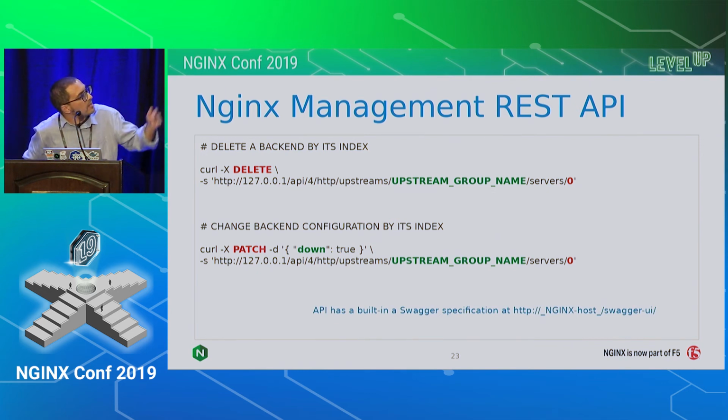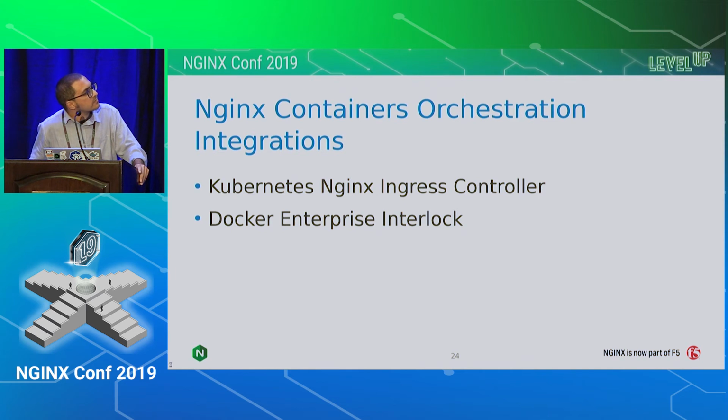So we can delete this backend node, or we can change it. For example, in this case, if we want to easily put one of our nodes in down mode, we set it to down. In this case, we have put one of our nodes in maintenance mode.